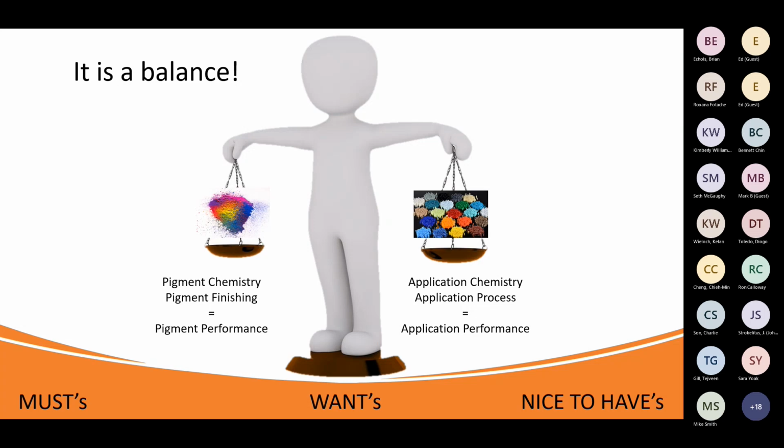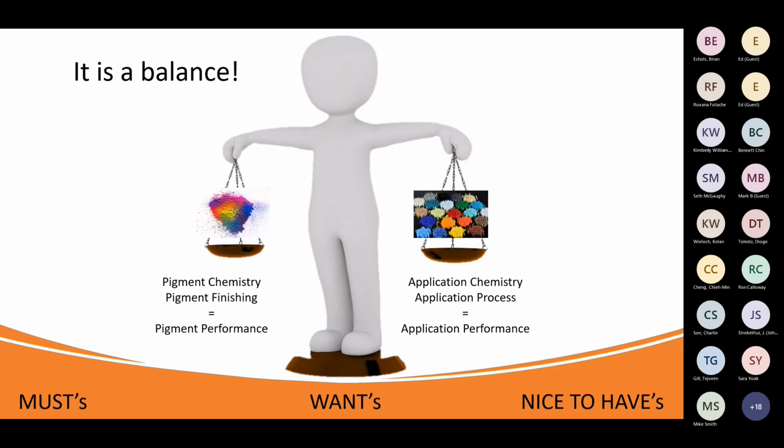So it's important when you go into selection of a pigment that you have a nice list of your must-wants and nice-to-haves. Of course, in that must category, you're also going to prioritize those musts because there is not a perfect selection of pigment that you can choose from. So there's going to have to be a balance in some areas.